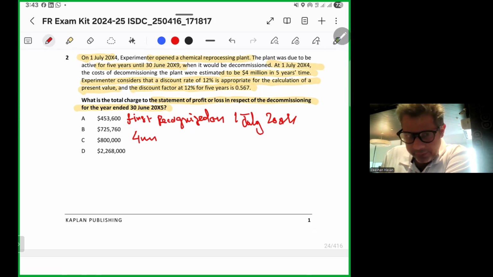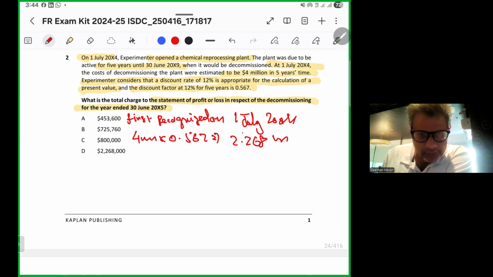And the discount factor for 20X9 is 0.567. So it is 2.268 million. So therefore, what will happen?